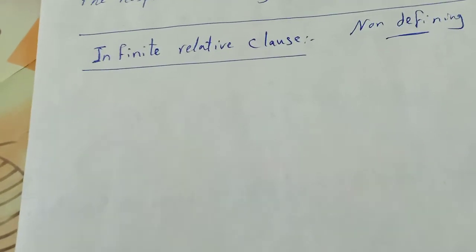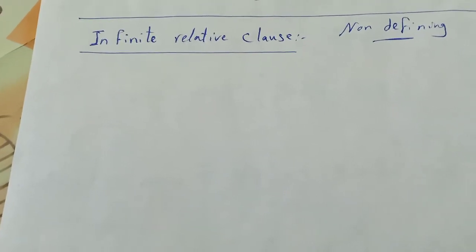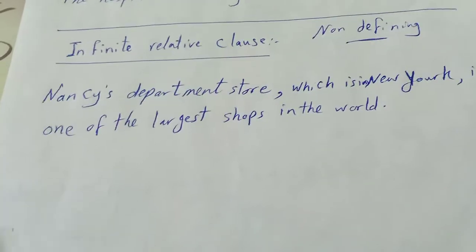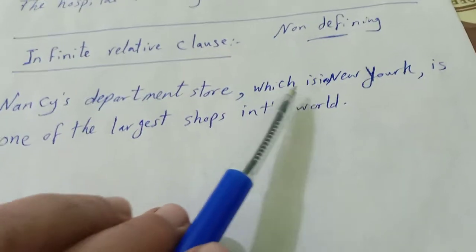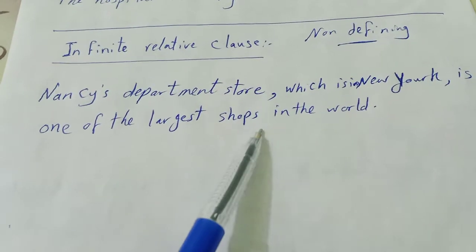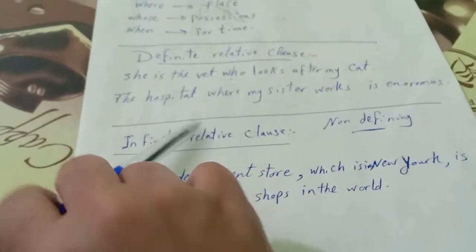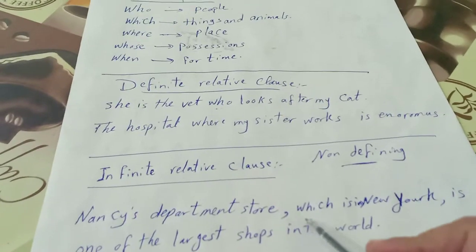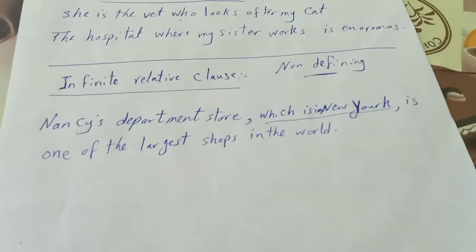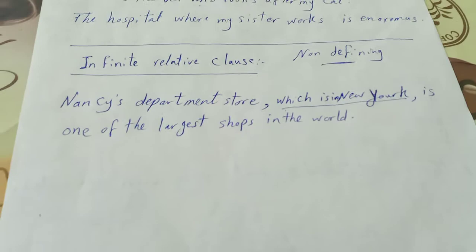Let's see an example and we will apply these things on it. Here is the example. Nancy's department store, which is in New York, is one of the largest shops in the world. Where is our relative clause? Which is in New York. Let's try the sentence without it. Nancy's department store is one of the largest shops in the world.